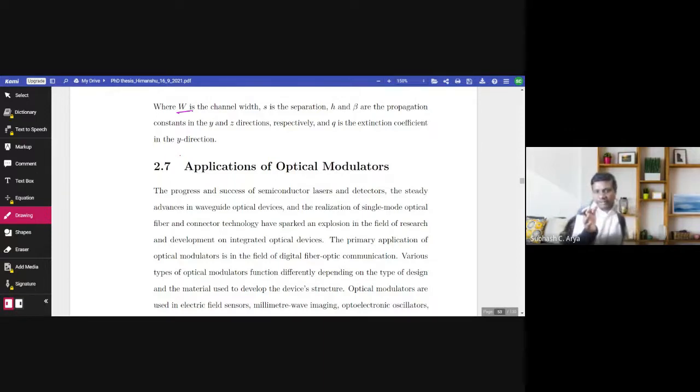When light is traveling through one waveguide, it will interact with the other waveguide. After traveling a certain distance, the entire light is transferred to the other waveguide, and after a certain distance, the same light comes back to the first waveguide, and so on. This is called the coupling mechanism.